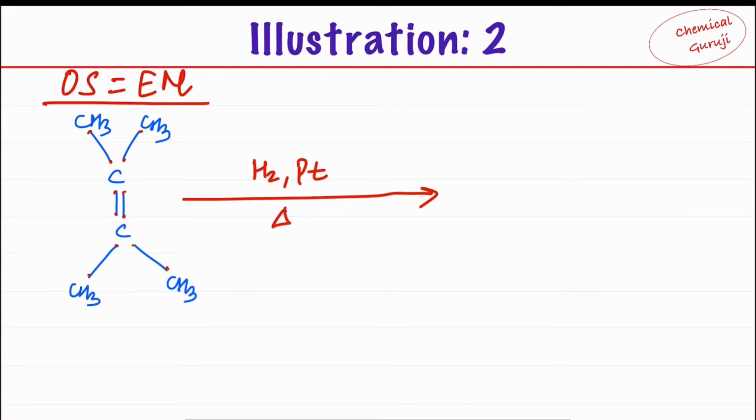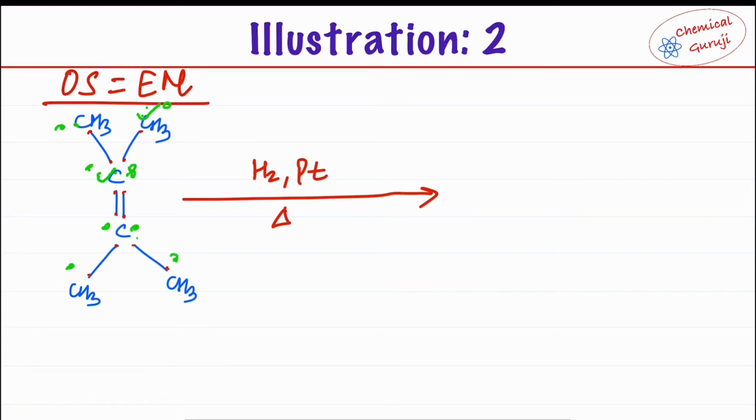Here, see, this is this carbon and this is carbon. The electronegativity of both carbons is similar. This carbon and this carbon, there is no electronegativity difference.